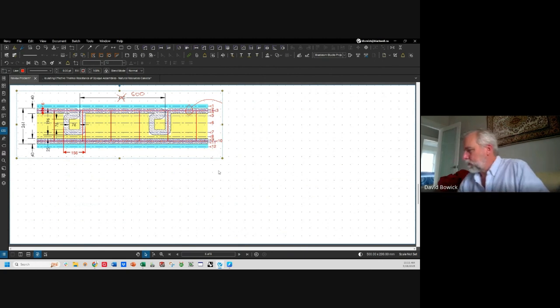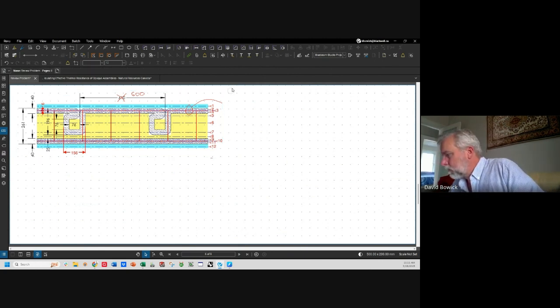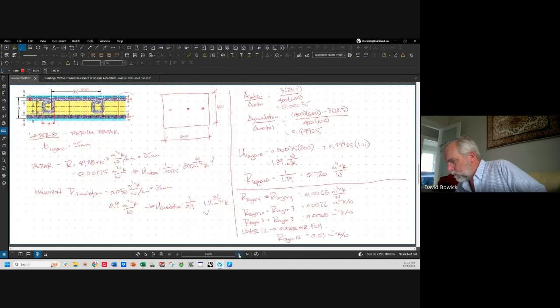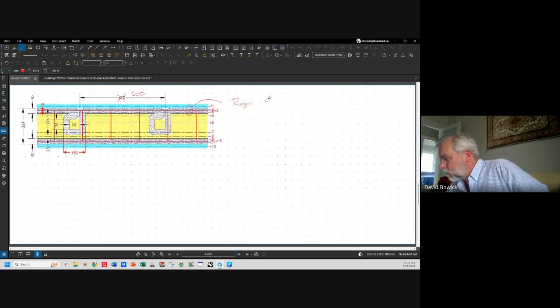So here's our various layers. R layer 1 is 0.12 meters squared degree Kelvin per watt.